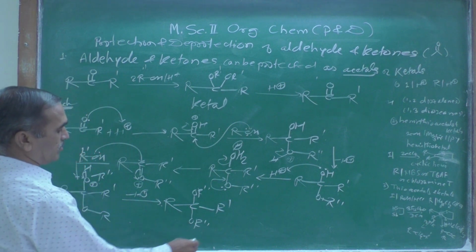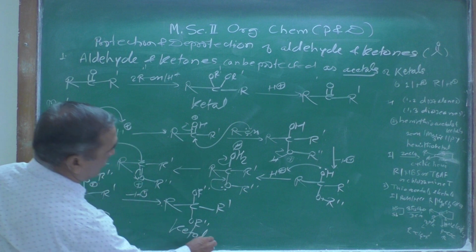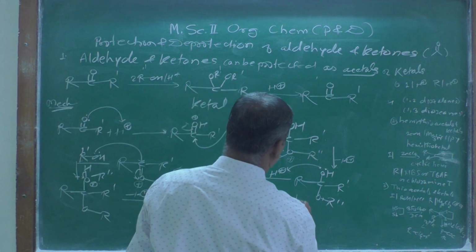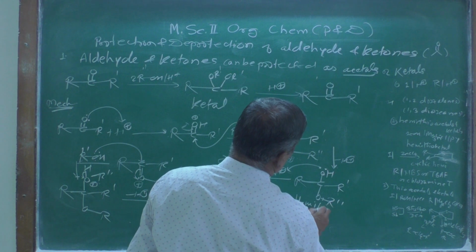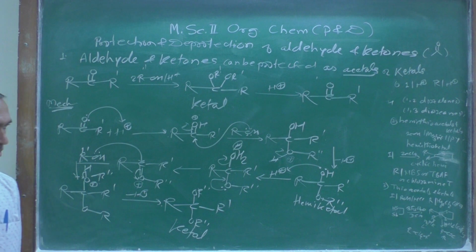So this species formation is called a ketal formation. There, this is a hemiketal formation, right? Hemiketal formation. This one is a ketal formation, right?